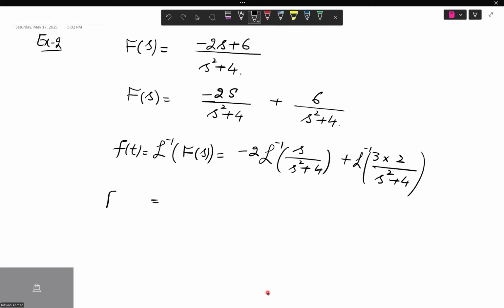With these familiar structures, it is minus 2 times cos of 2t, plus 3 taken out of the Laplace inverse transform, and then this is the sine of 2t.